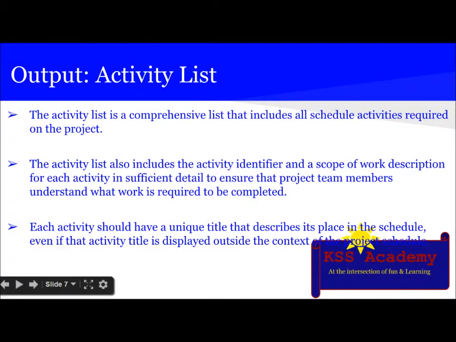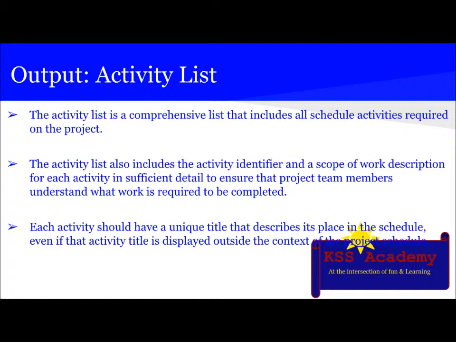The output is activity list, activity attributes, and milestone list. So let's see one by one. First is activity list. Activity list is a comprehensive list that includes all schedule activities required on the project.